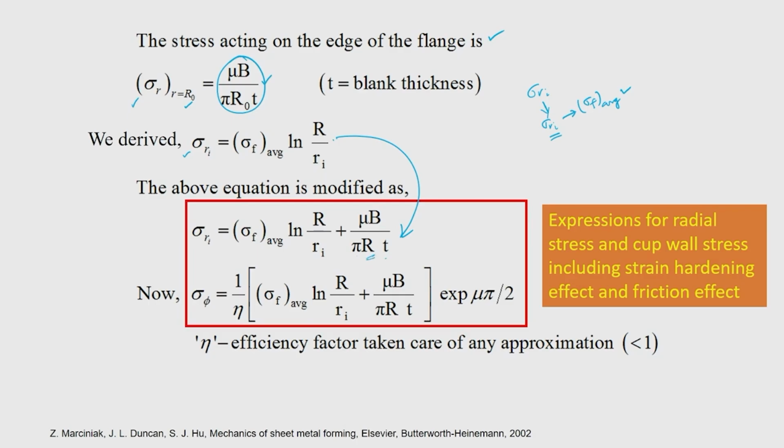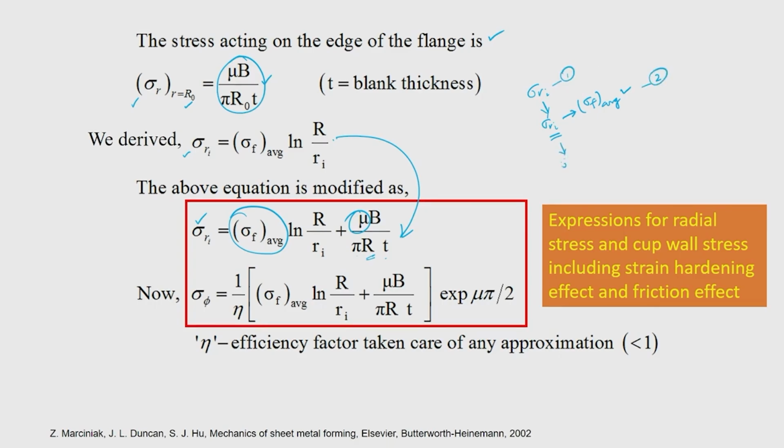Okay. So, now you will see that finally the sigma r, which is nothing but the radial stress, has got some effect because of strain hardening, and then you are also bringing in your coefficient of friction, in a way the lubrication effect, the friction effect, into this equation. Okay. So, this is the first level of sigma r and this is the second level of sigma r.